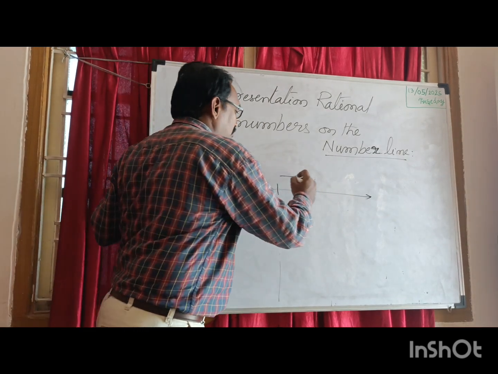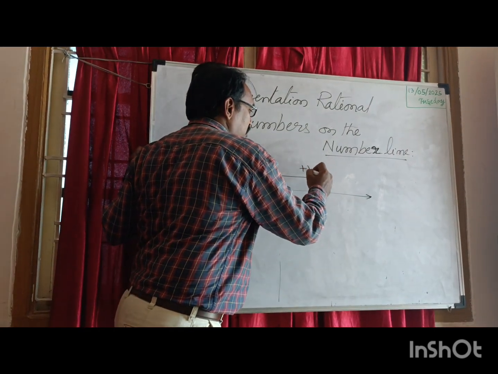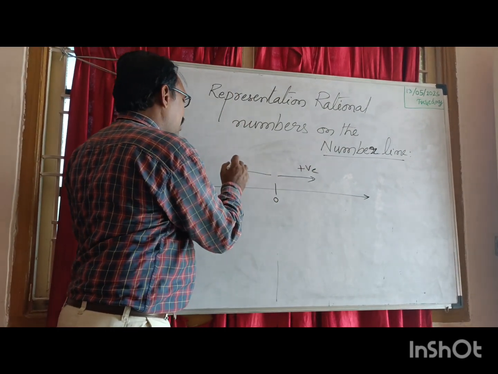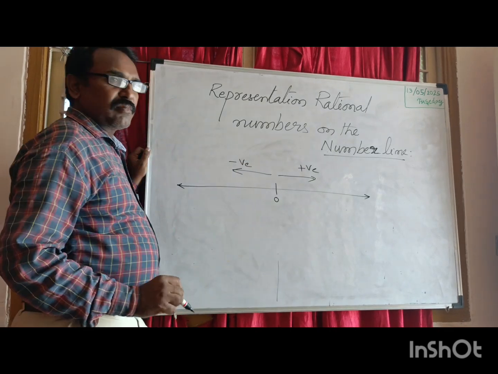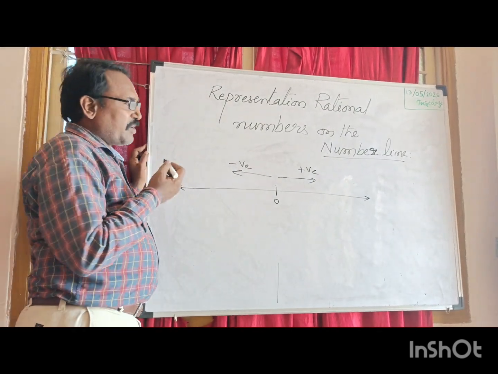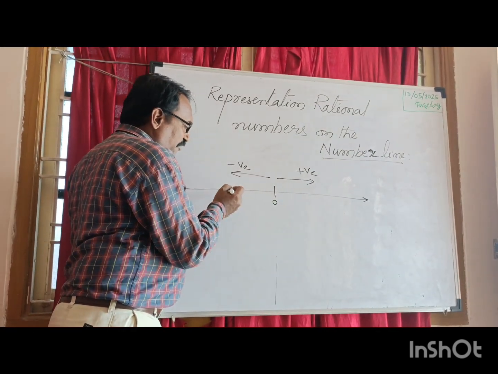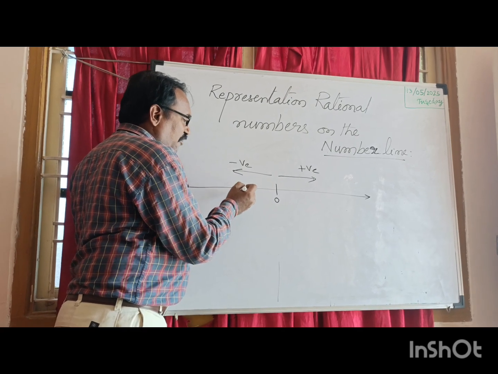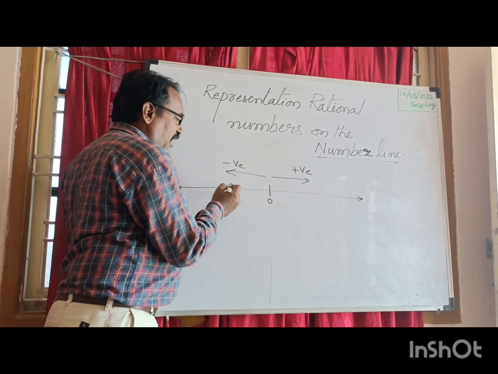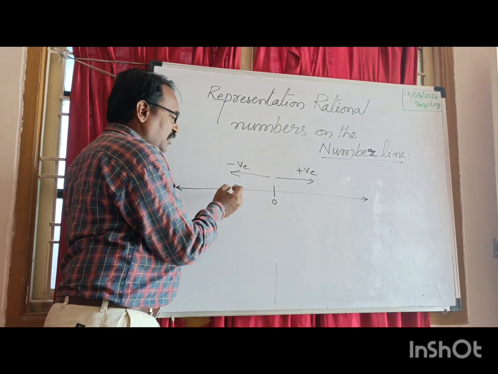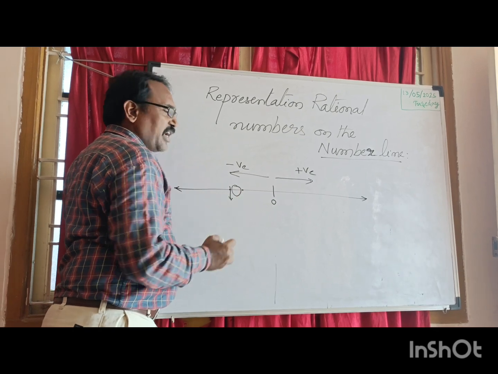The right side is positive, and the left of 0 is negative. You have infinite rational numbers on this line. In between every 2 points there will be infinite points.